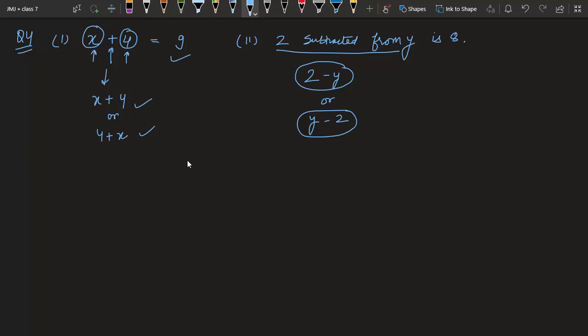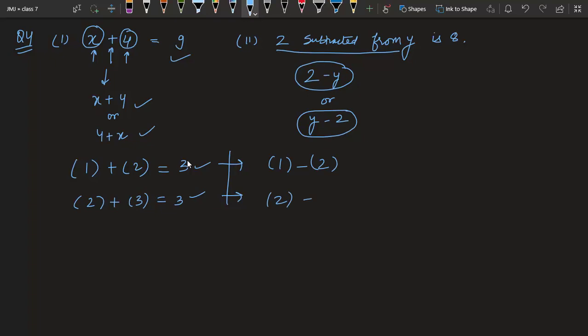If you remember, in chapter number 1 we have seen whether you write 1 plus 2 or 2 plus 1, they both mean the same thing. They both have equal answer 3. But this doesn't hold in the case of subtraction, because 1 minus 2 is totally different from 2 minus 1. In this case the answer is minus 1, in this case the answer is plus 1.